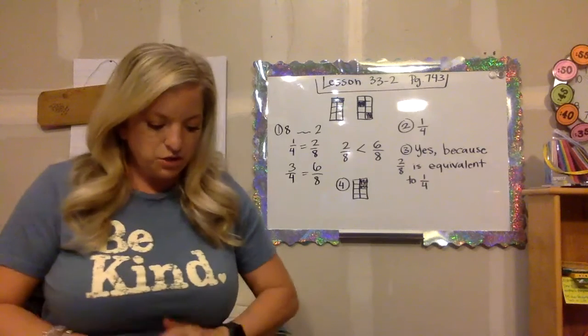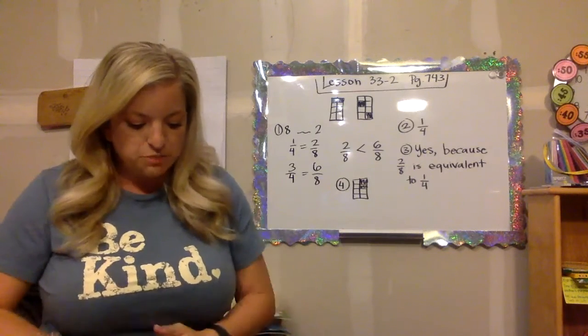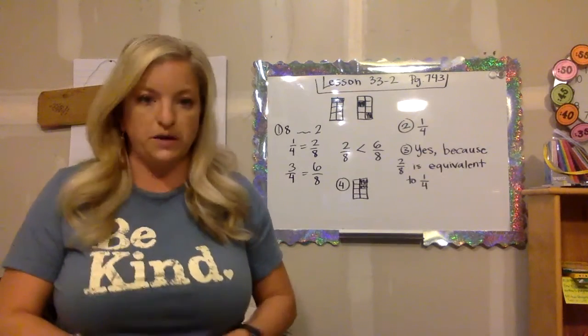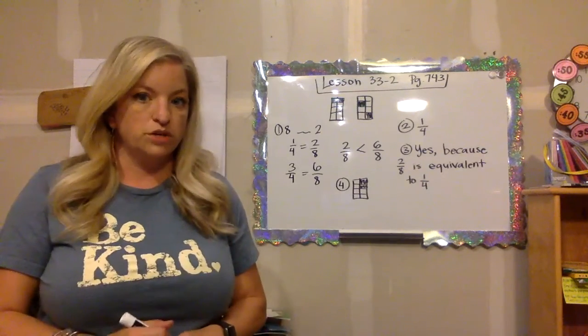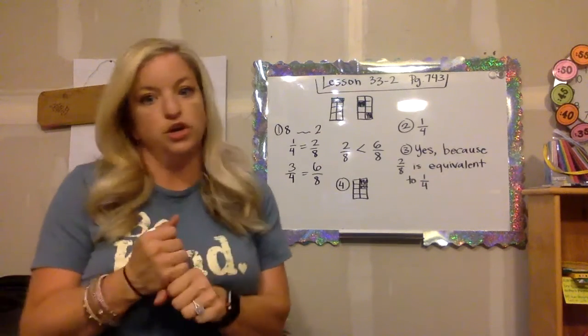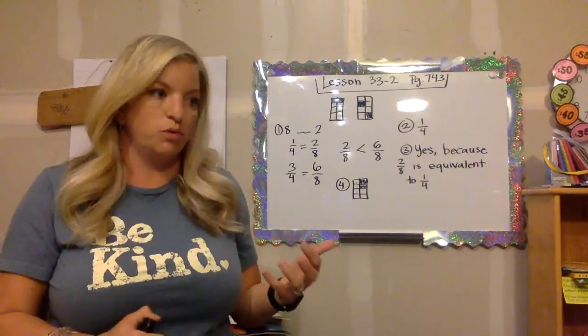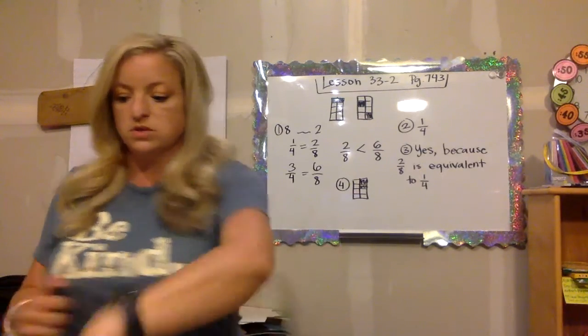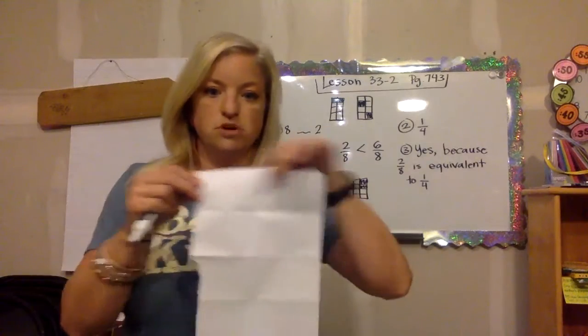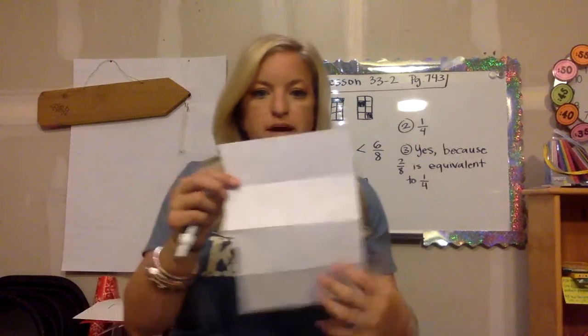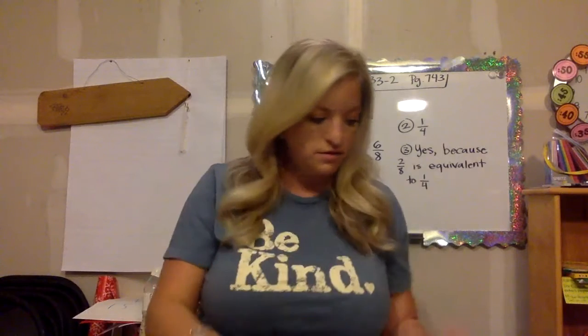Number 5, to color 1/4 of the paper, must Brett color parts that are next to each other? Explain. What do you think? No, he doesn't have to, because each one is an equal part. They're all equal parts. As long as he colors in 2 of those equal parts, or 1/4, it doesn't matter. They're all the same size.